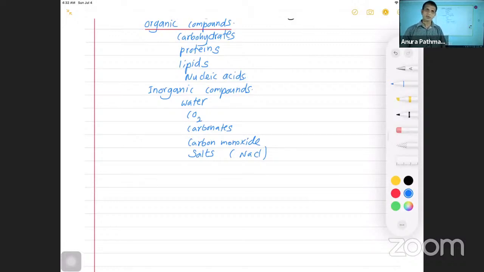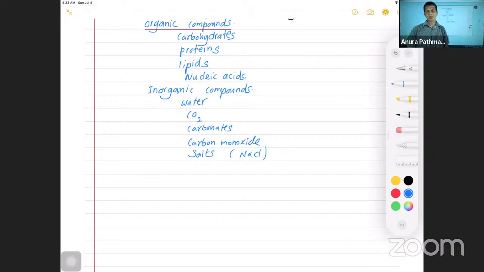In the same way, half of your A-level chemistry belongs to organic chemistry, but in your O-level syllabus it is not introduced.